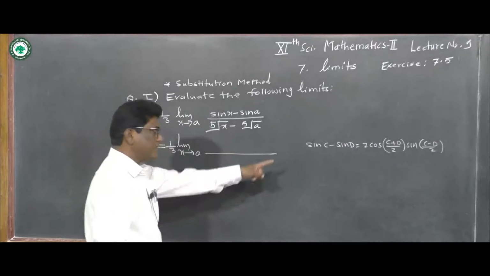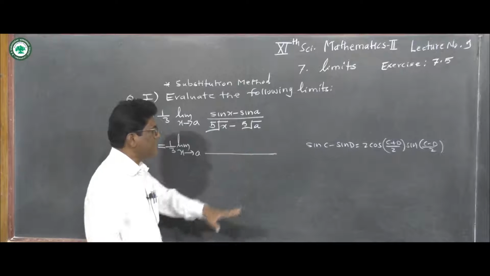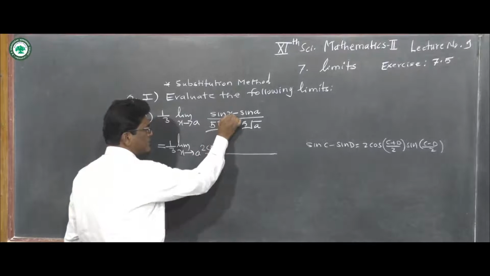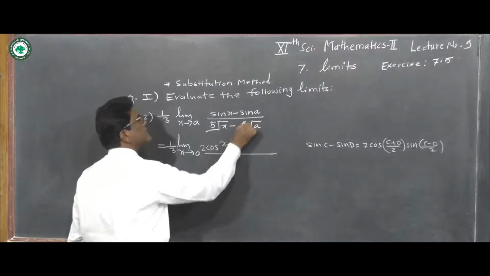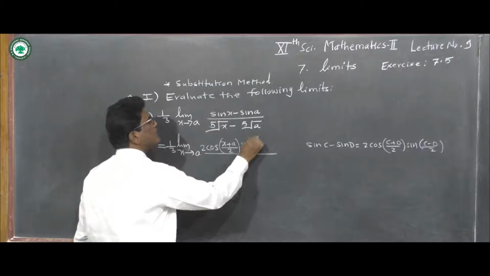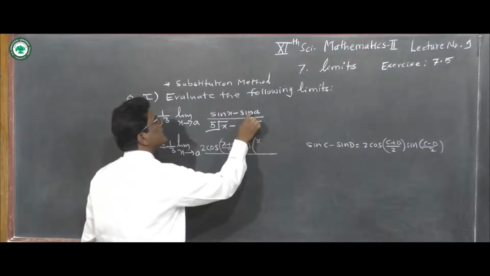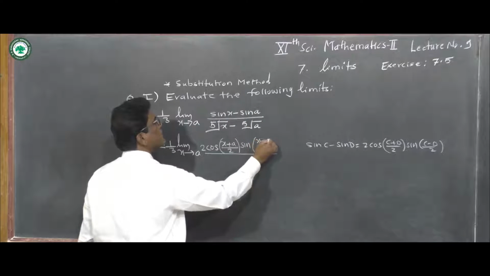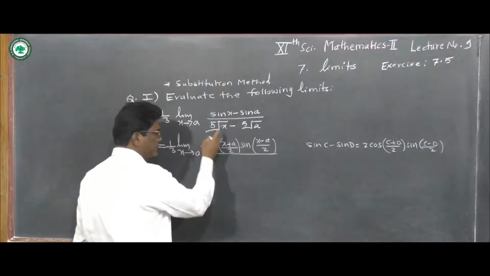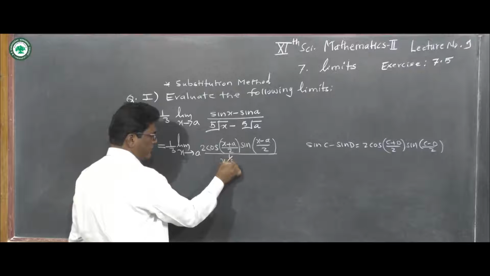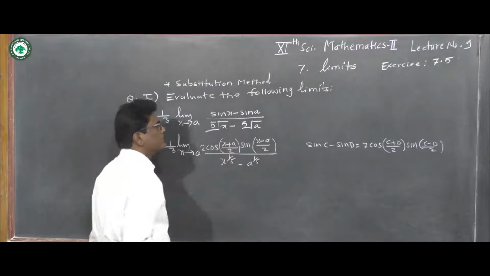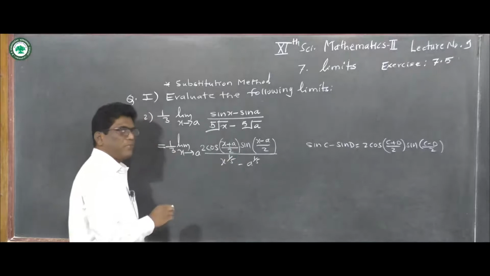So in the numerator we use this formula: sin c minus sin d is equal to 2 times cos of c, here x, plus d, here a, divided by 2, into sin of c, here x, minus d, here a, so x minus a divided by 2. And we write the fifth root of x as x to the power 1 by 5 minus a to the power 1 by 5. We modify this problem like this.